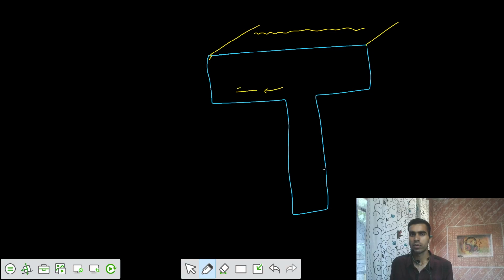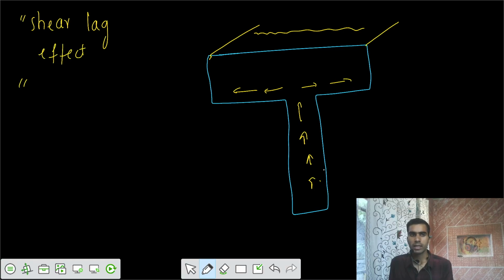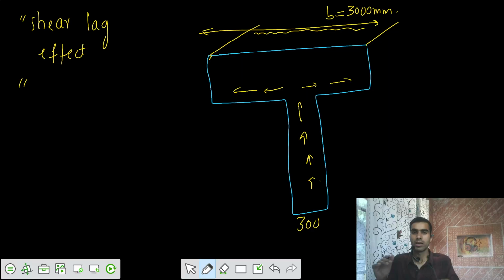Because of some shear lag effect, let's say the width of the web is 300 and the width of the flange is some 3 meters, that means 3000 millimeters. From the top, the flanges are wide.